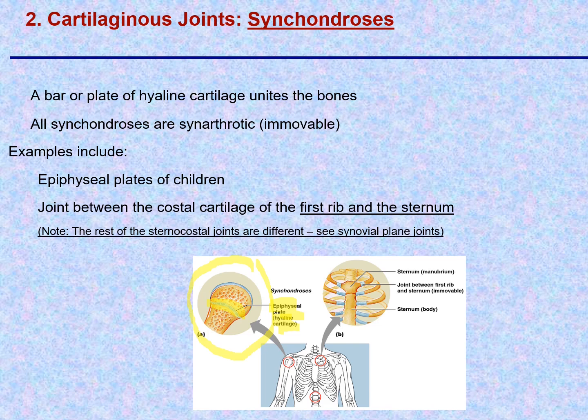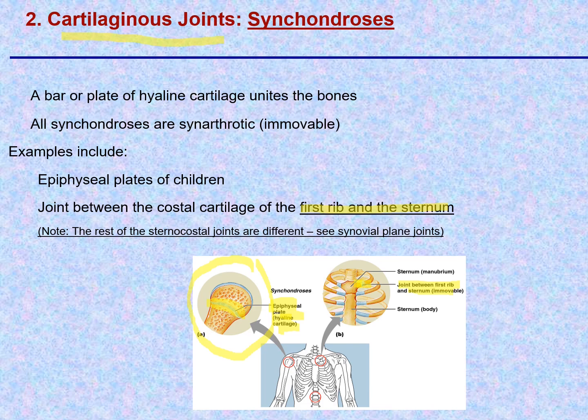The other example of synchondrosis, a cartilaginous joint, is between the first rib and the sternum. I point out to you here that we have 12 pairs of ribs, where the ribs meet the sternum. That first joint is an immovable type of cartilaginous joint, or synchondrosis.